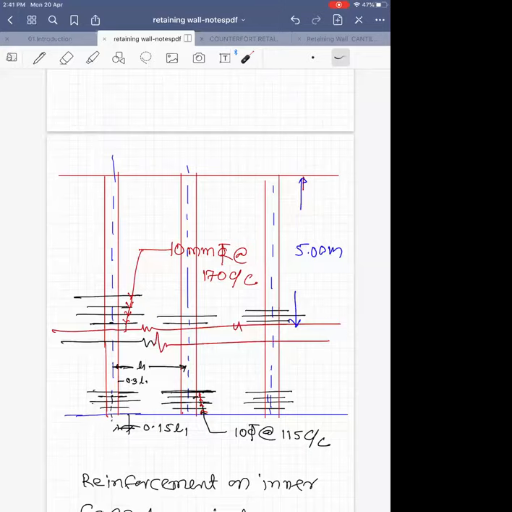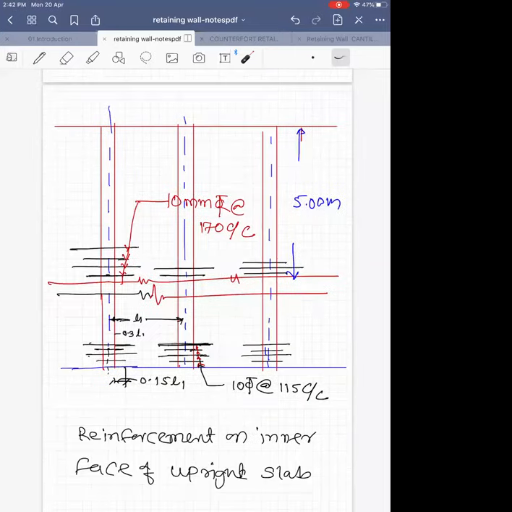Now at the bottom, if you consider spacing to be 10 mm diameter at 117 center to center, it can be rounded to lower value, say 115 millimeter center to center. Now 50% bars will be provided for 0.15 L on left hand side, 0.15 L on right hand side, and 50% bars will be provided for length equal to 0.3 L on left hand side and 0.3 L on right hand side.